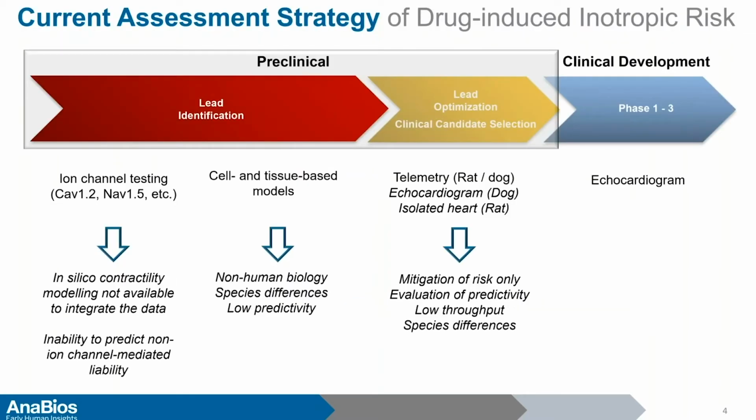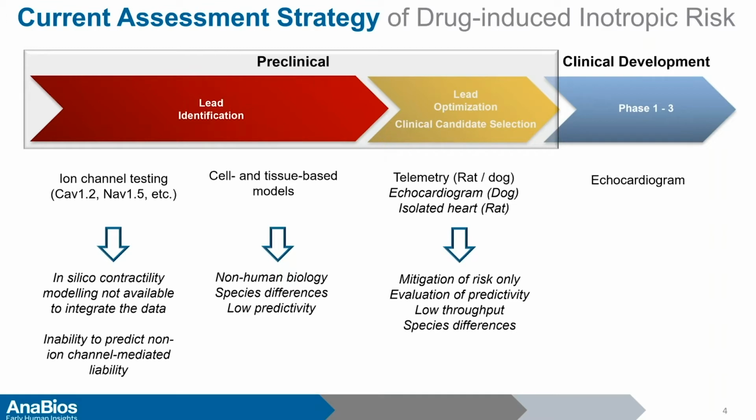This slide summarizes for you the current safety assessment strategy that is being used by most pharmaceutical companies to assess the potential of novel drugs to induce inotropic risk. Early in drug discovery, the affinity of the compound for ion channels is tested, and the compounds are also tested in cell and tissue-based models.